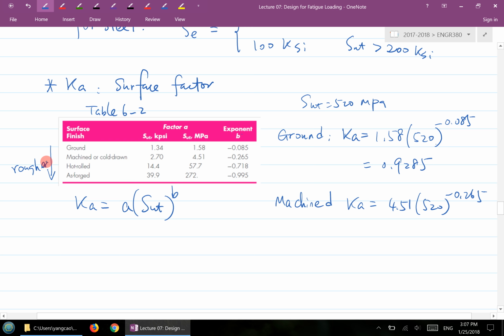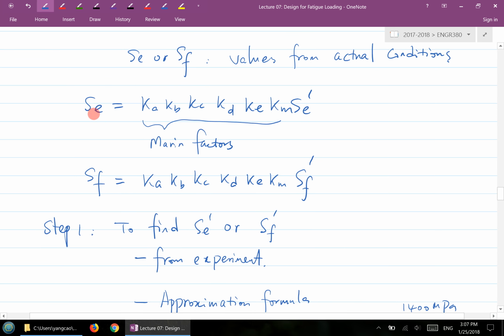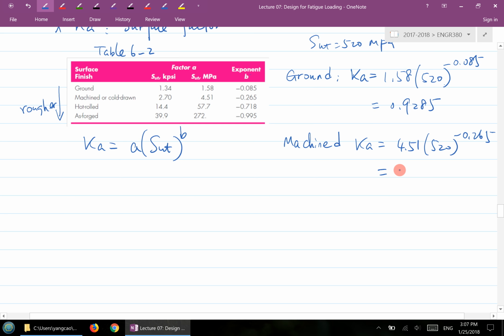And more potential problems basically means it will tend to fail more easily. That means your Se value should be smaller than Se prime, and that means your Ka value should be smaller. So this one here, you'll get 0.86.